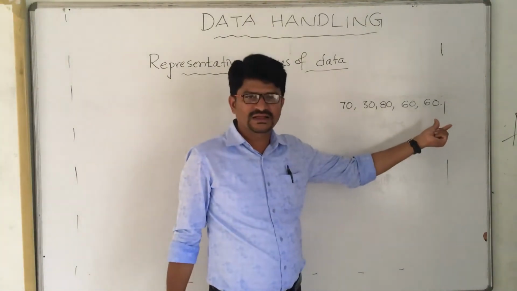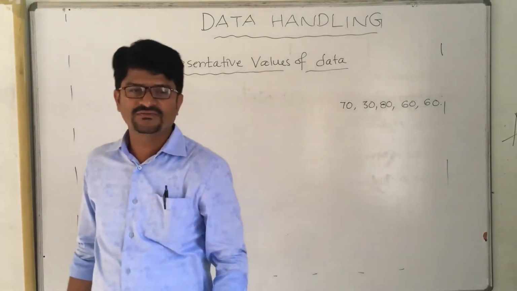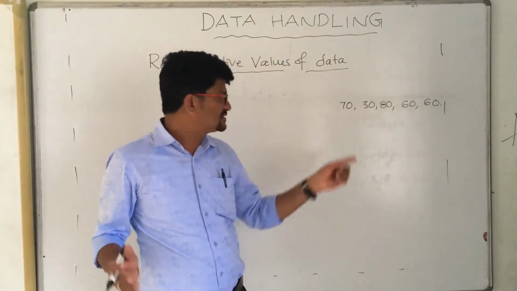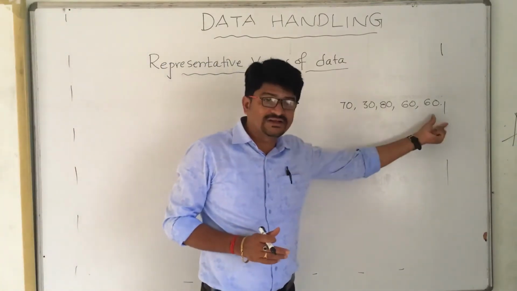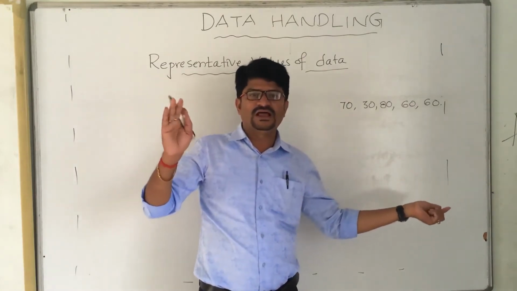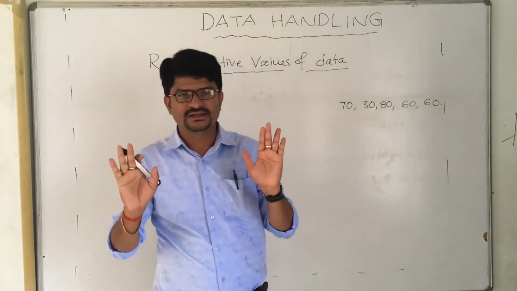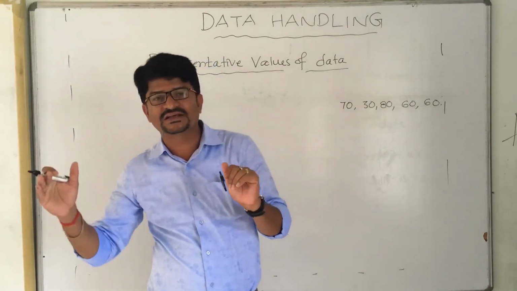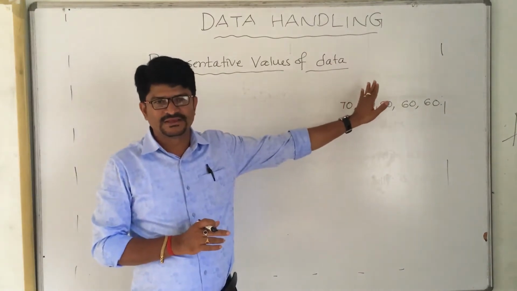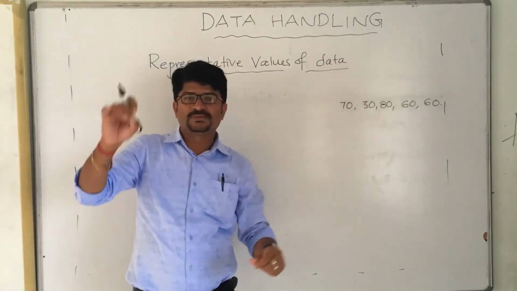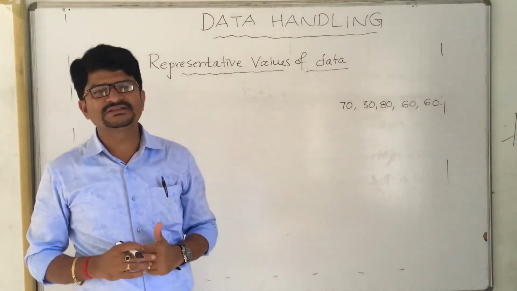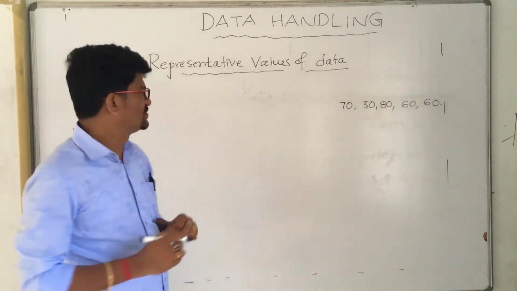So the total is 300. How many members are going? 5 members. So each can carry 60 rupees, because the average of this is 60 rupees. So everybody will have 60 rupees. Am I right? Is it clear? That calculation comes under one value, that is representative values of data. Is it clear?